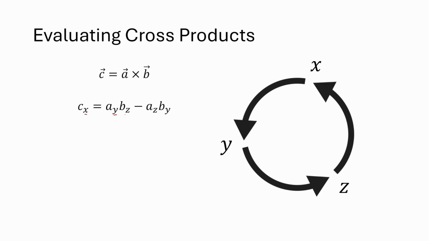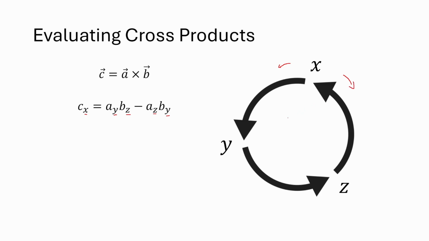X, Y, Z. That is going in the forward direction around this circle. X, Y, Z. So that gets a positive sign. And then the other term, X, Z, Y, that's going in the backward direction in this circle. That gets a negative sign.